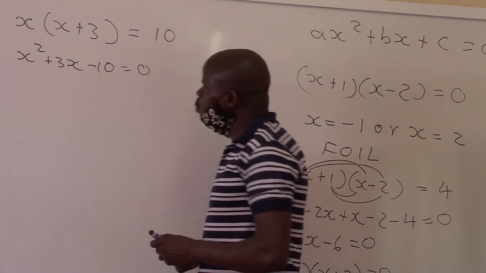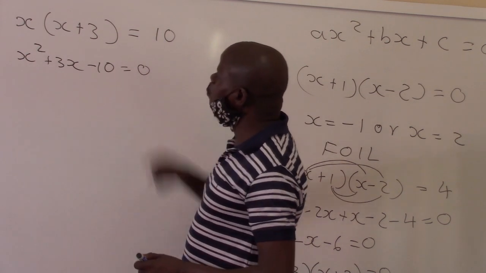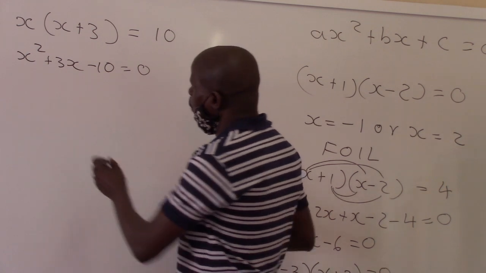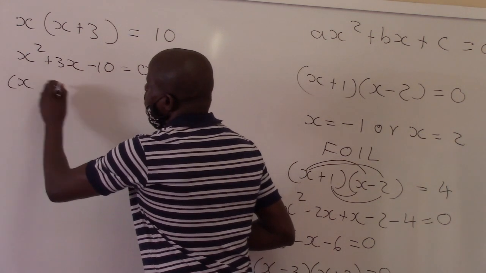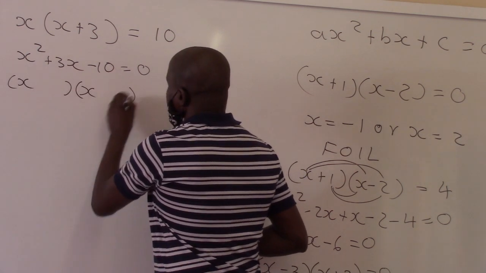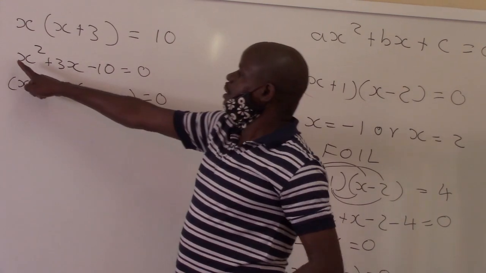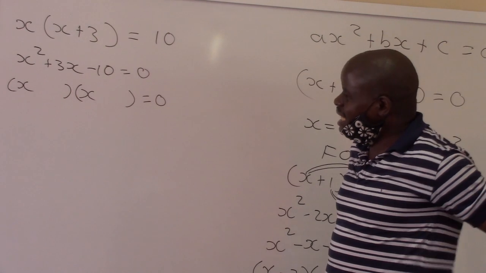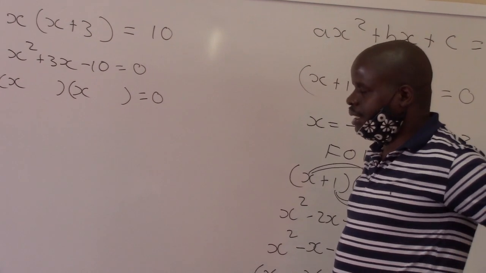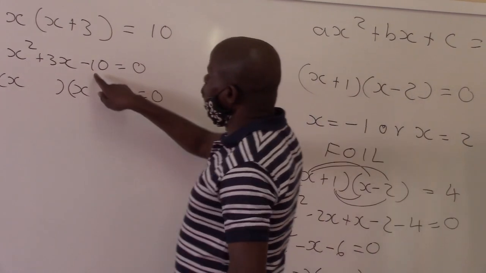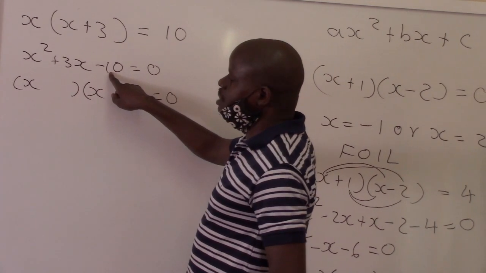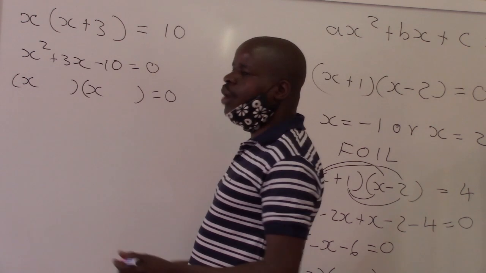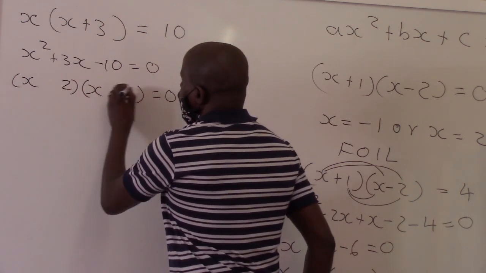How do we go about writing it in factor form? As I said earlier, if the coefficient is 1, then the factors start with just x and x. The pair that will give us the middle term is 2 and 5.